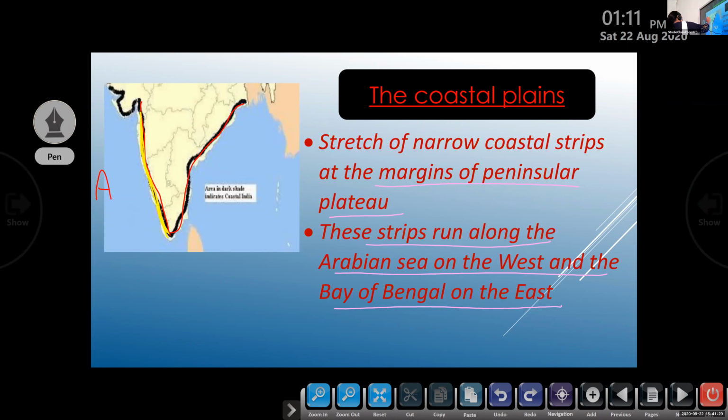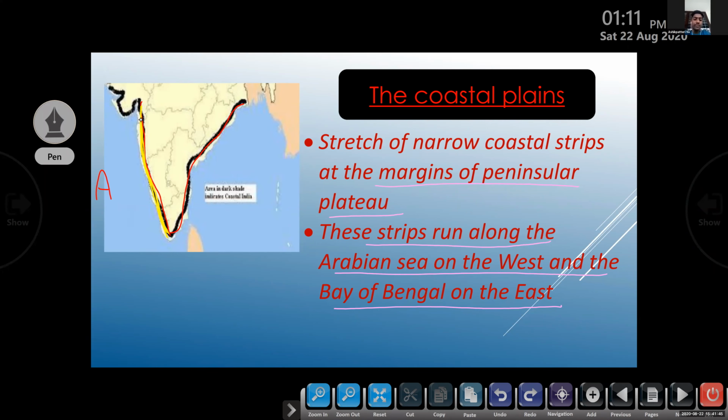Sandwiched means it is between the Arabian Sea and Western Ghats.